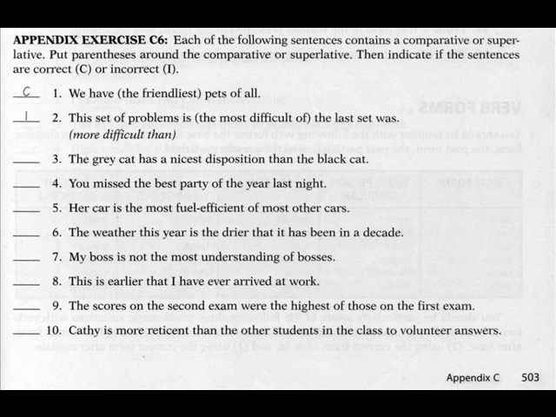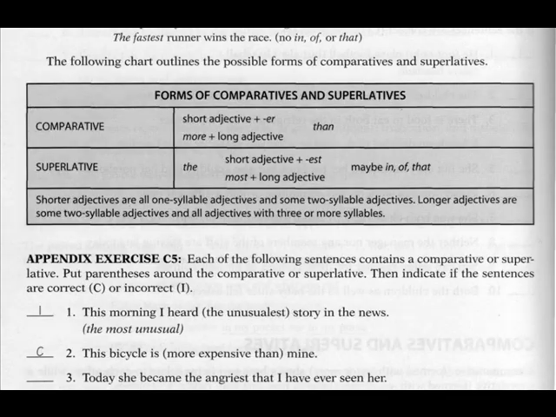I'll tell you what, we'll go up to the chart again and we'll take a look at the gray cat and the black cat. They are two individuals that we are comparing. So in the comparative, you can see here that we have a choice between the short adjective and the long adjective, and I would say that this is a short adjective when you're saying nice.